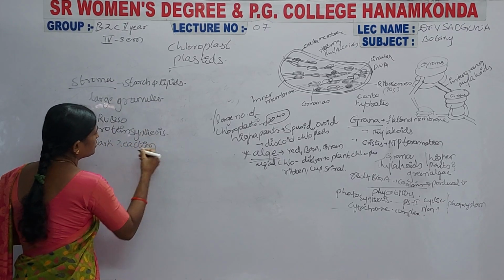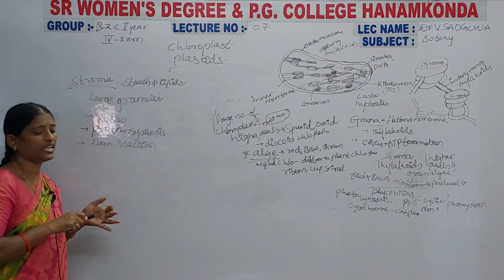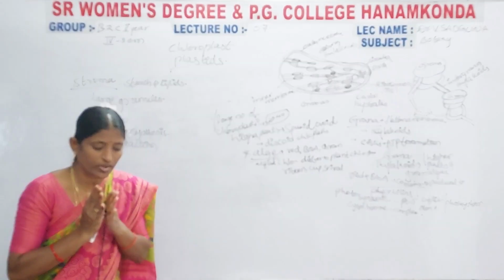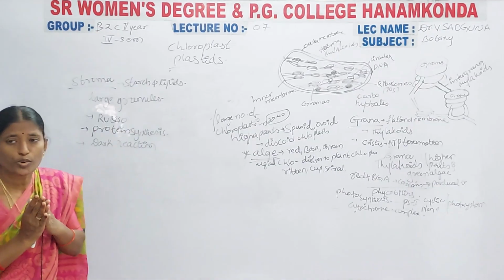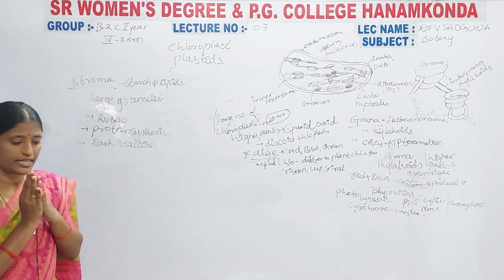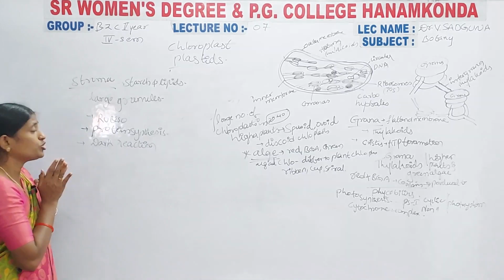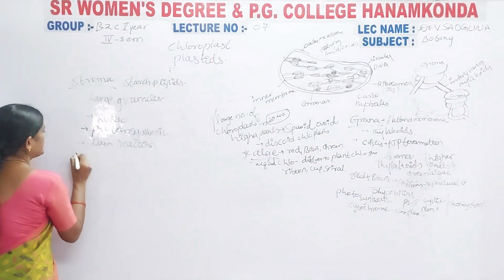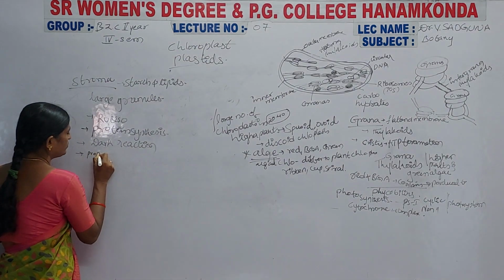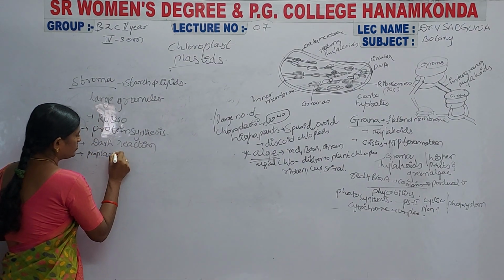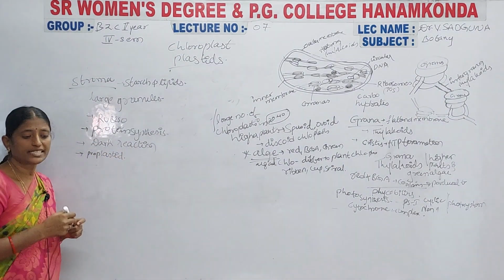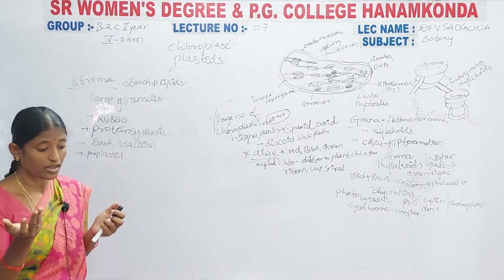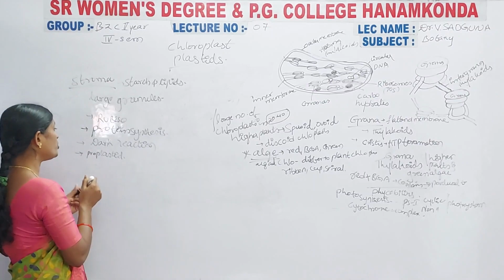The stroma is involved in the development of proplastids, for example chromoplast or chloroplast.